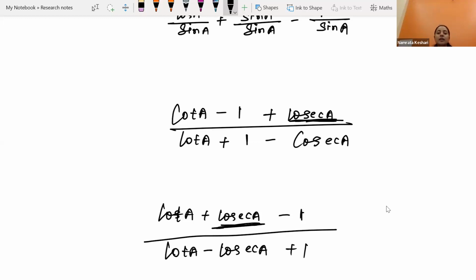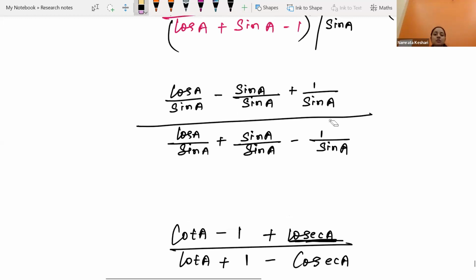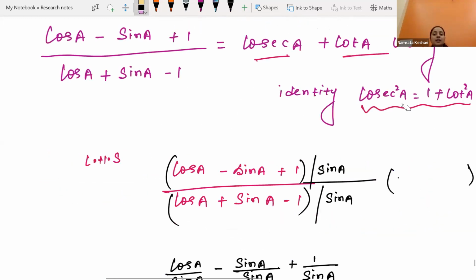Now at the place of 1, we will use the identity mentioned initially in the question. We can use this identity anyway, for cosec, for cot, for 1. So we are going to use it for 1.